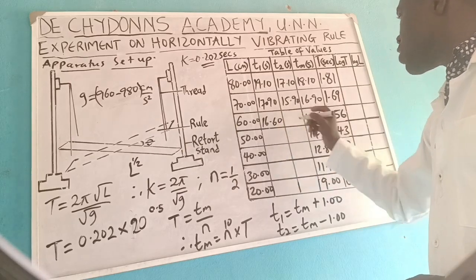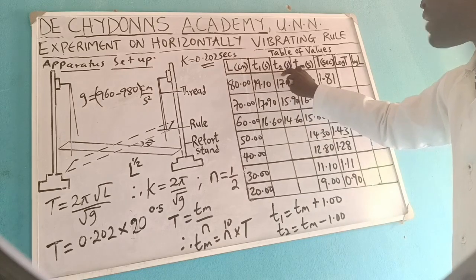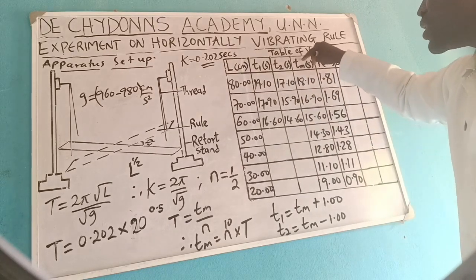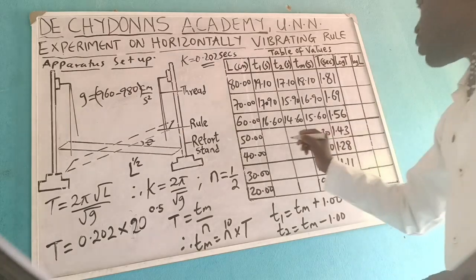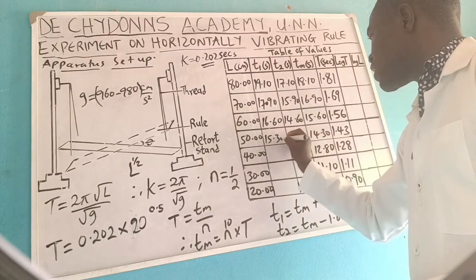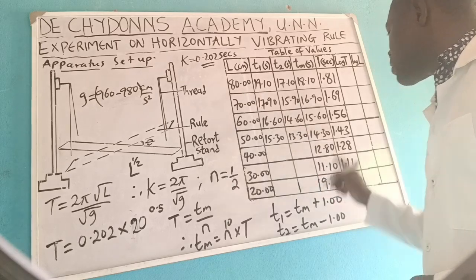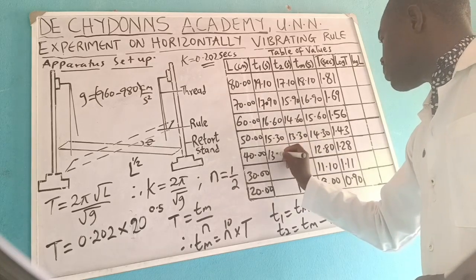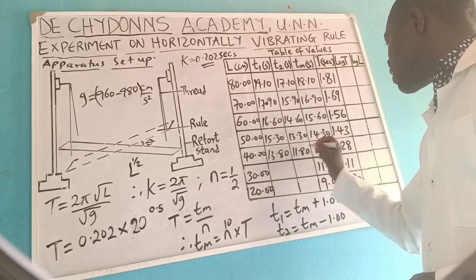16.60, minus 1, 14.60. Such that when you add and divide by 2, you get it, because this is gotten by adding this and dividing by 2, you get this. So this one, 15.30, then 13.30. Then this one, 13.80, then 11.80.